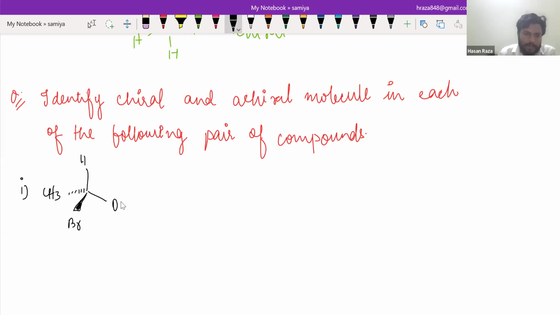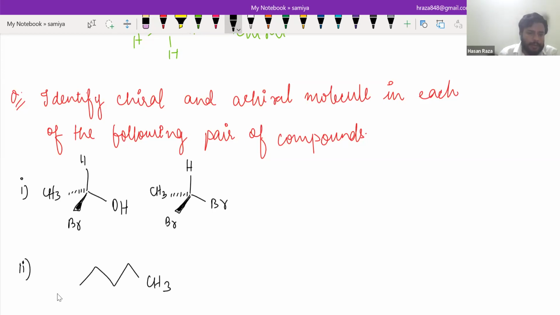This is the 3D representation, wedge and dash: hydrogen, CH3, Br, and Br.